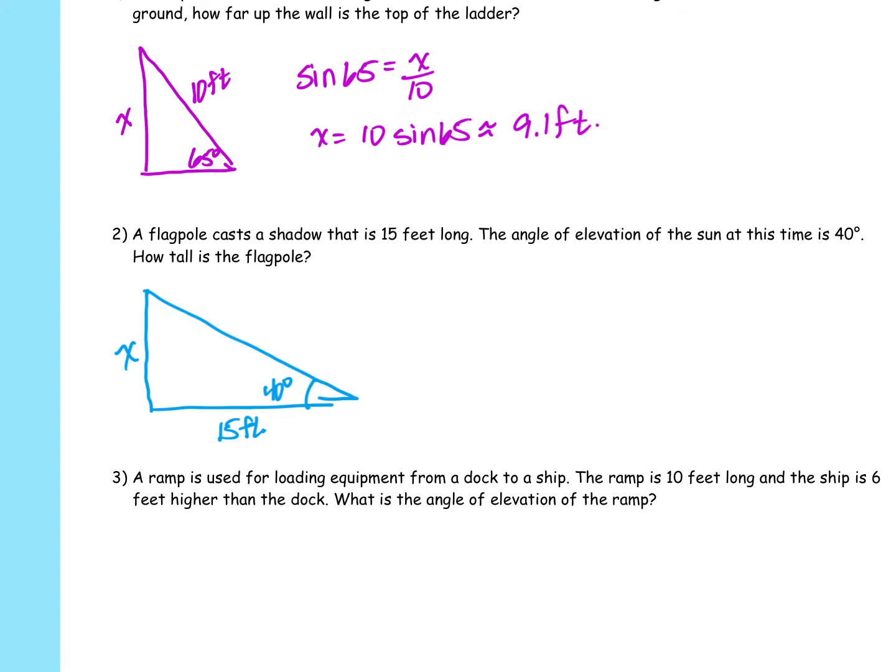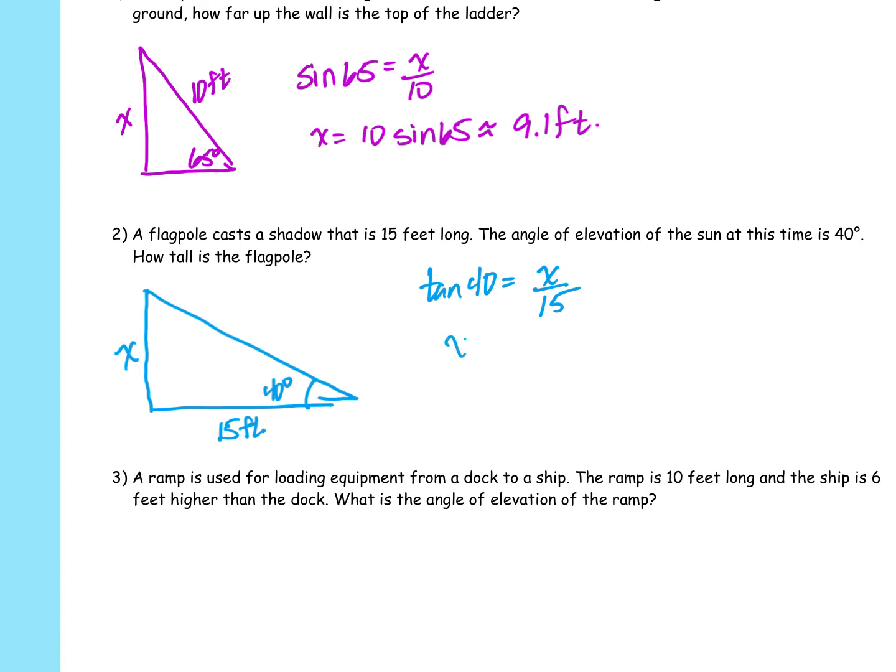So then I think that is tangent. So tangent of 40 is going to be x over 15. Cross multiply. Oh, I so got the wrong answer. I did that one wrong on my calculator.